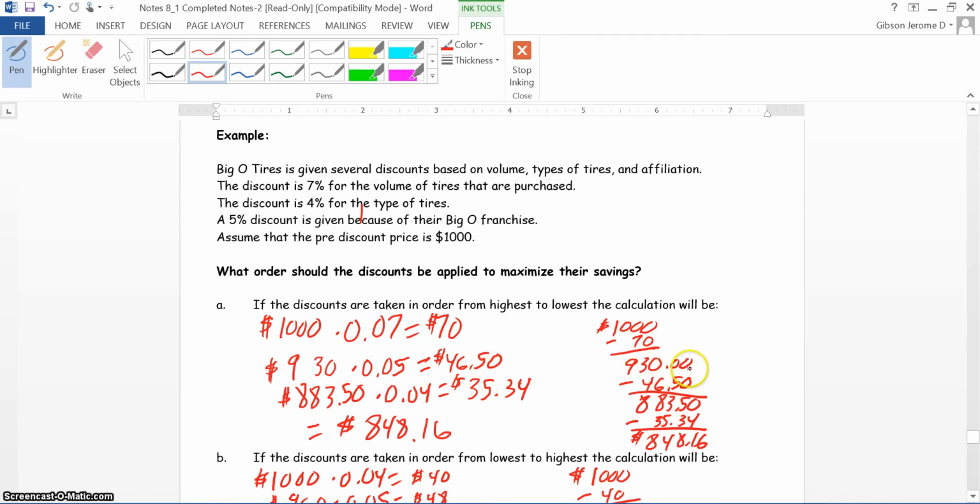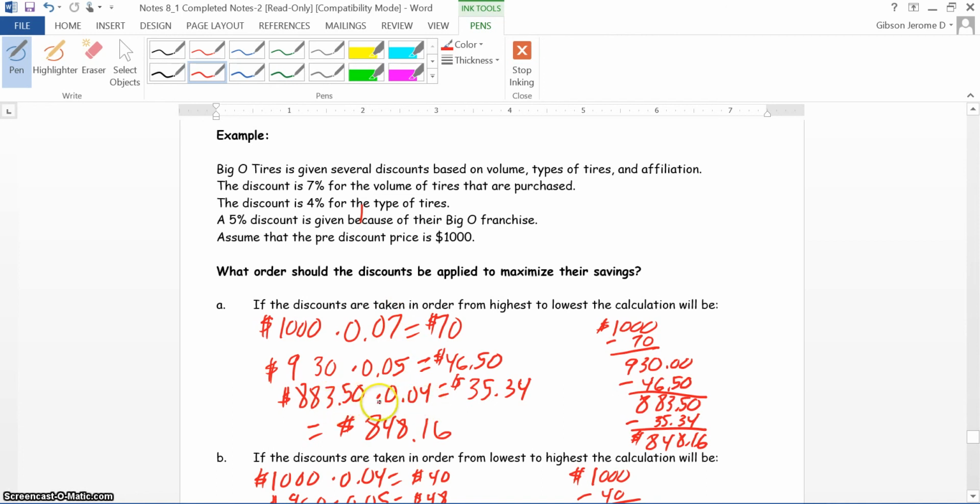So we take our $930 minus $46.50, and that gives us $883.50. Now we take this $883.50 and multiply by the 4% discount, because remember, we're doing it in order from the highest to the lowest of the discounts.